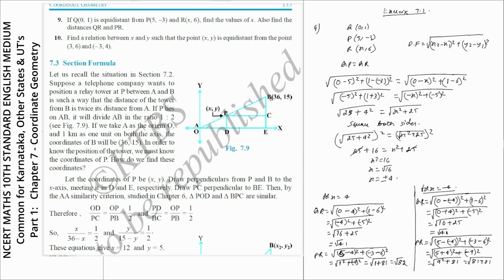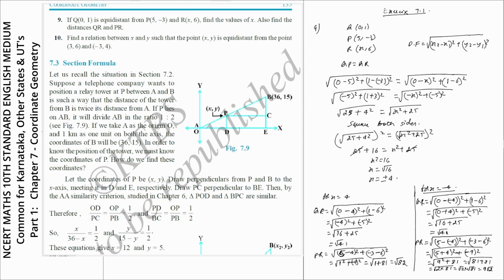Now I can take this as 2 into 81, and I can write the square root as root 2 into root 81. The square root of 81 is 9, 9 9s are 81, so it becomes 9 into root 2.